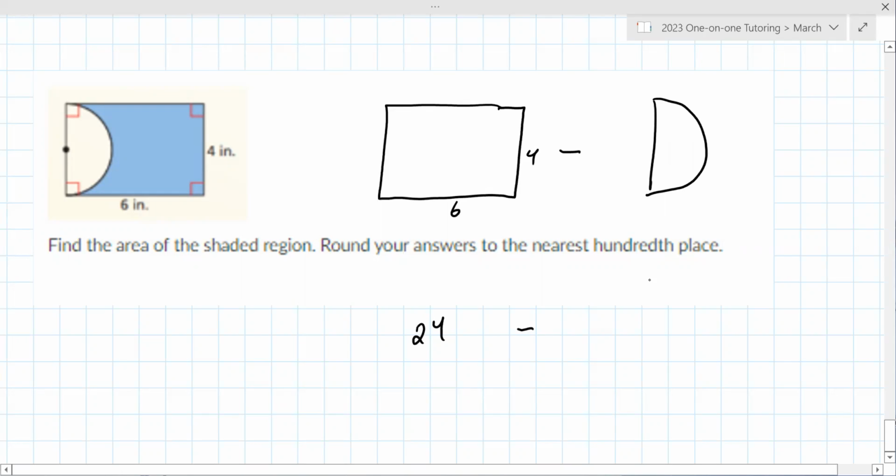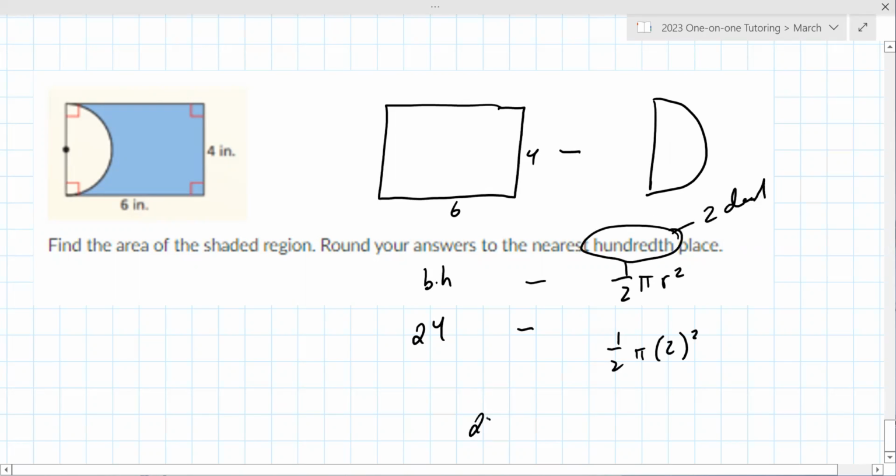The area of a circle is pi r squared, but it's just half. So it's 1/2 pi. What is the radius? What's the distance from this point down to the bottom there? 2. Round to the nearest hundredths, so that's 2 decimal places.